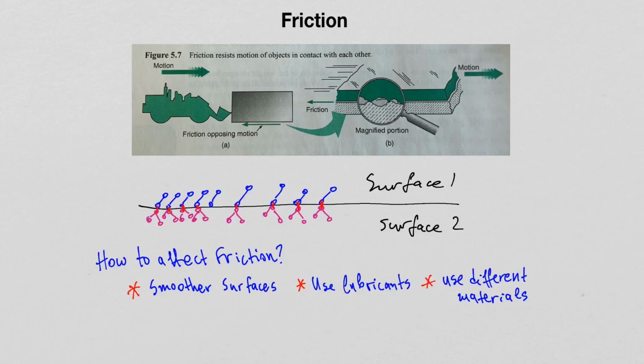As you know, in car engines, oil is used to reduce friction between parts, which also increases the longevity of the parts. So it decreases the abrasion, the wear of parts. And finally, different materials can be used to reduce friction. For example, Teflon is much more slick compared to, let's say, steel or copper.